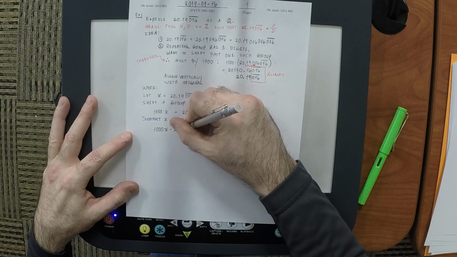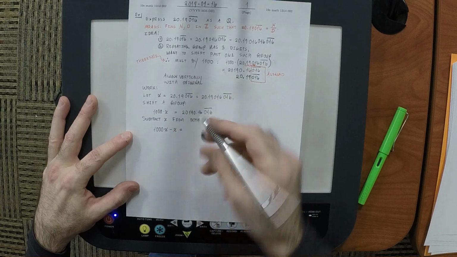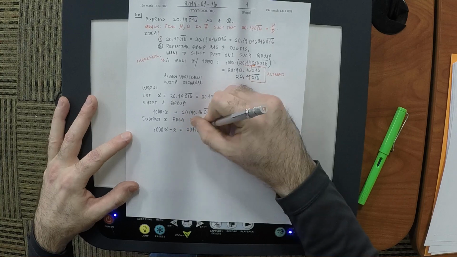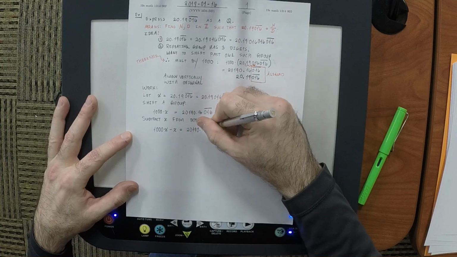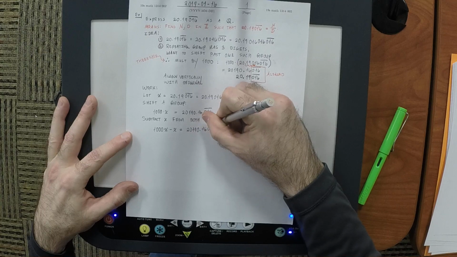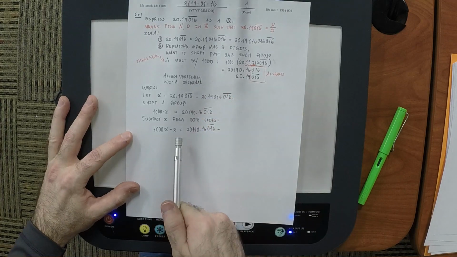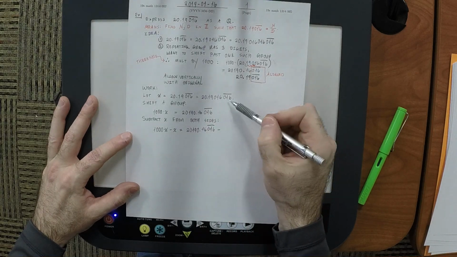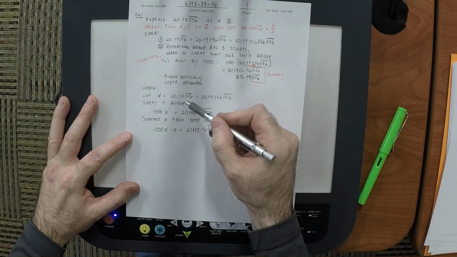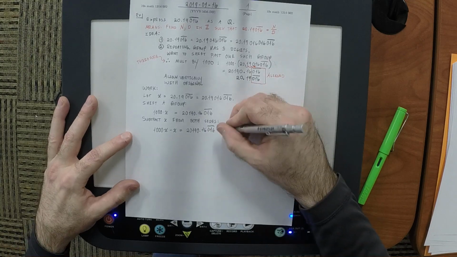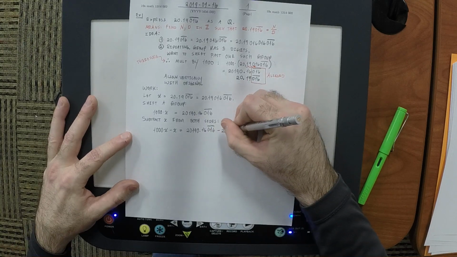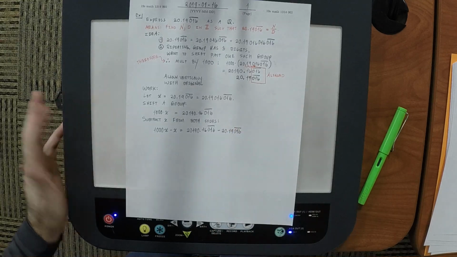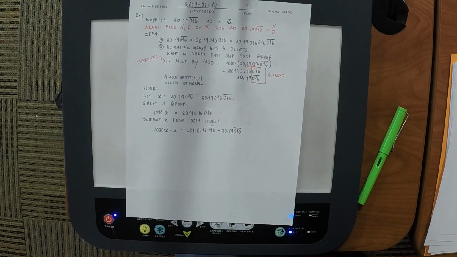The right-hand side would be that number, 20190.16 and then the repeating group, and then subtract. Now instead of writing subtract x, I'm going to write subtract that number there, right? So it'll be 20.19016. Okay, so I subtracted x from both sides.